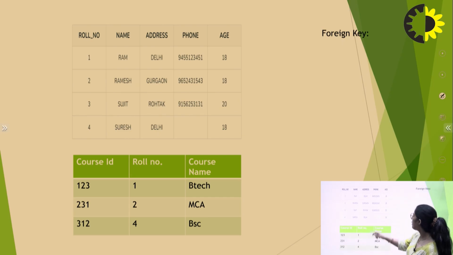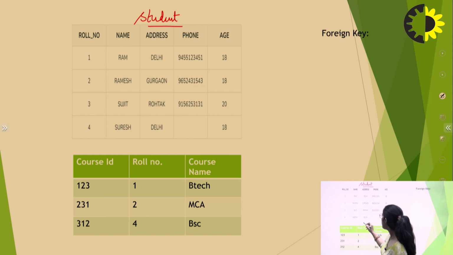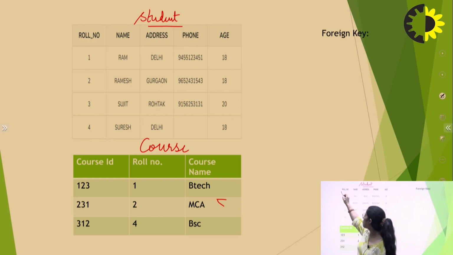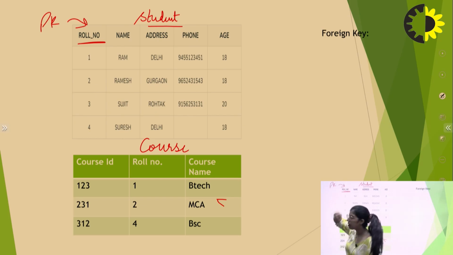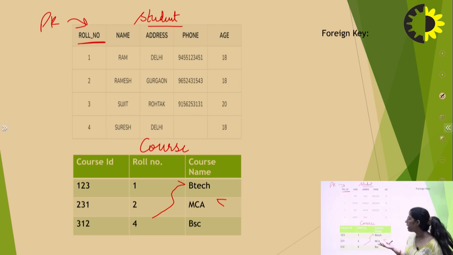For example, we are having this student table and this course table. We have these two relations with us. So in this particular relation, this roll number will act as primary key for this relation. And in this table, first of all, we need to find what is the primary key for this particular relation.